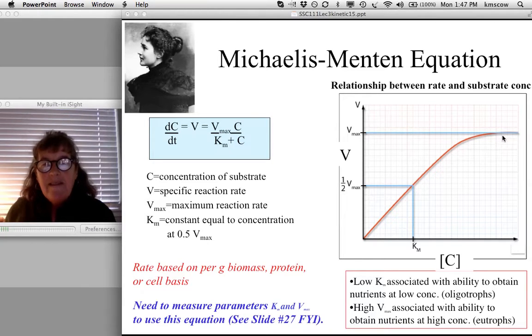On the other hand, having a high Vmax is associated with the ability to obtain nutrients at very high concentrations. This would be with eutrophic organisms. Those that can really pig out are ones that have a very, very high Vmax, meaning they can suck up a lot of substrate at a very high rate.